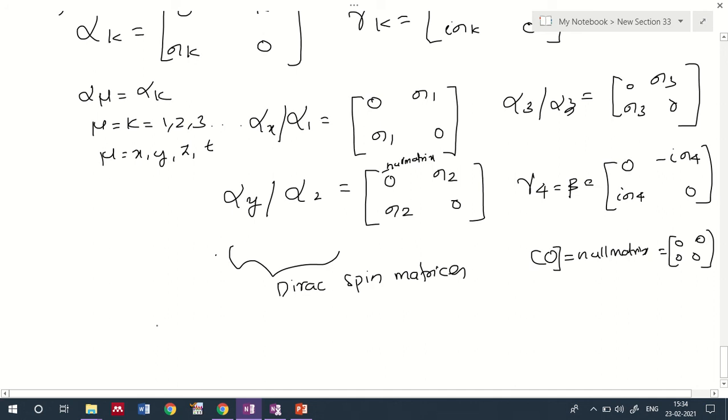We already know that we have a 4 by 4 matrix, so the Dirac wave function should have 4 values, right?